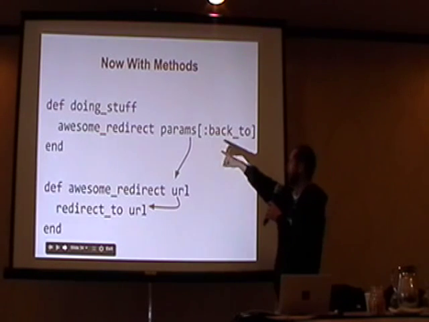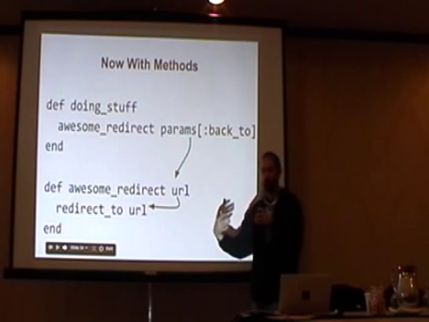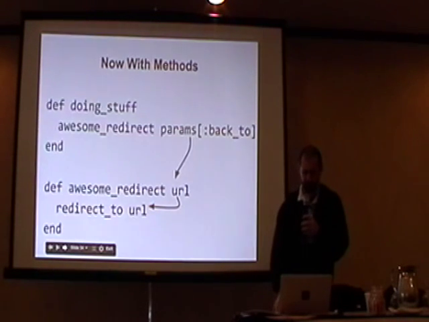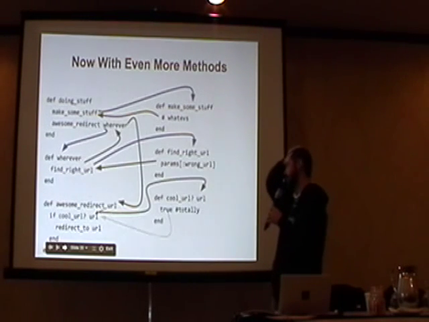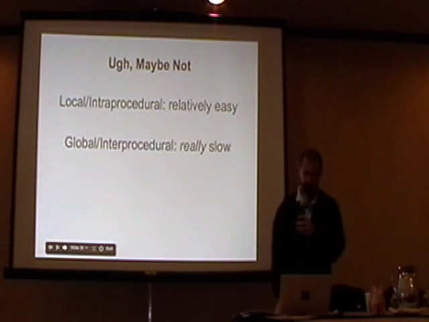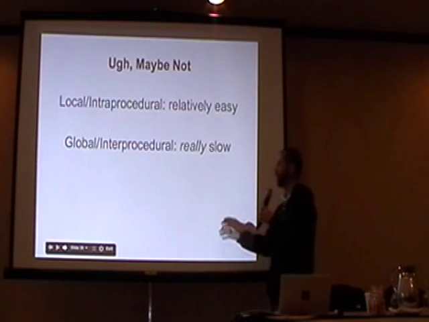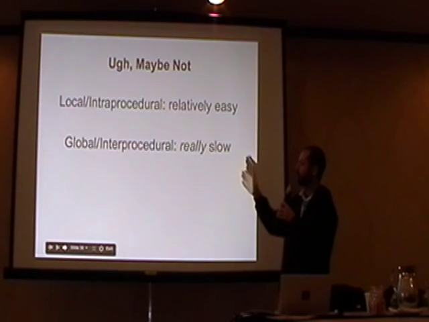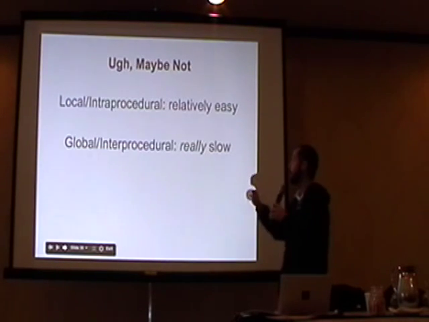All right, so we're gonna call a method and pass this in, and then we could do this. We just keep copying stuff. Now more methods. Maybe we won't do that. So if you do local, or what's sometimes called intra-procedural data flow analysis, that's easy.